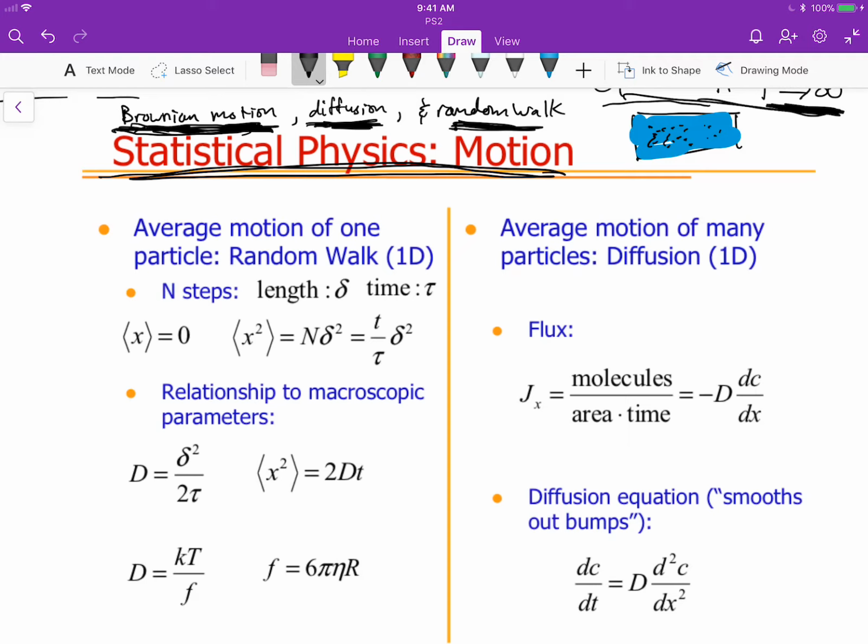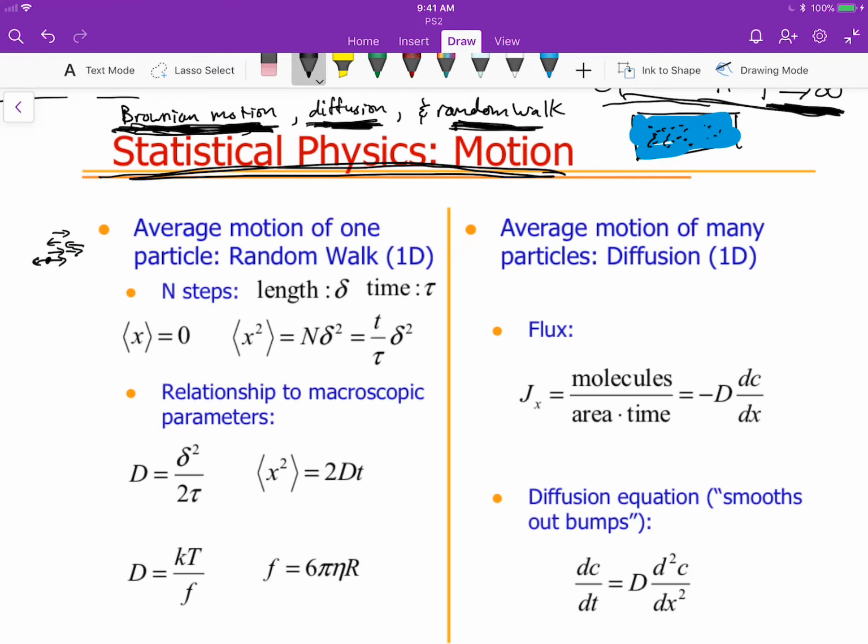And then random walk. Random walk is just a model that we use. Basically, you have a particle that can take a step to the left or to the right, and then maybe it takes a step that way, another step that way, then decides to take a step back, and then another step back.